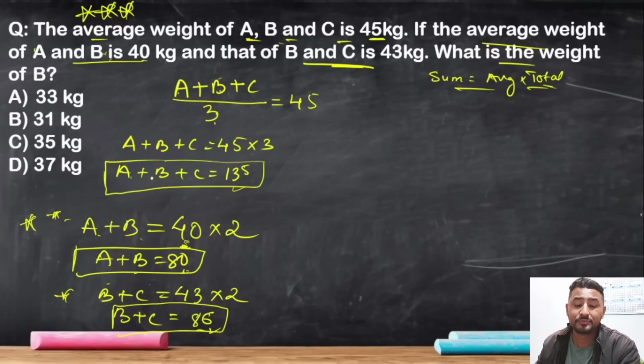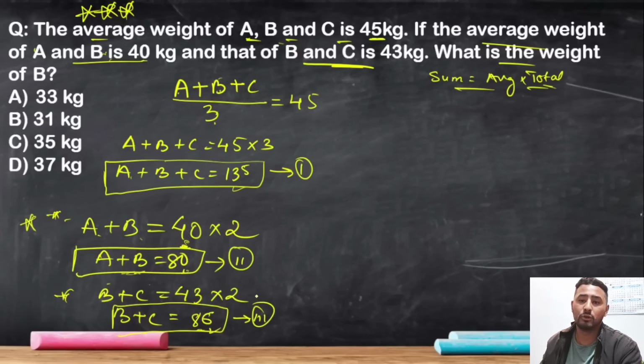Let me call this equation 1, so that it will be clear for you. But in exam time, don't do it like this, it will be a long process. I'm just writing it to explain. So now put this A plus B in equation 1.